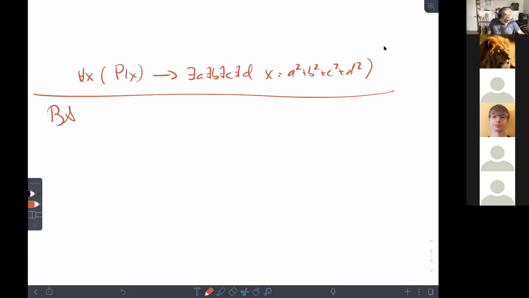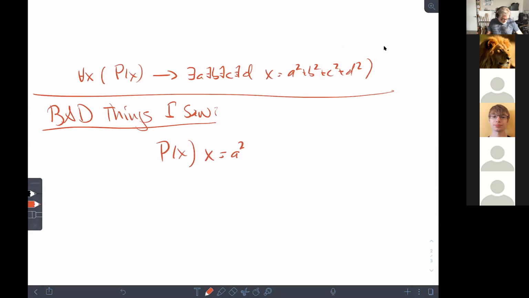Bad things I saw. I'm not naming names. The first bad thing is incorrect syntax. Something like p of x and right next to it, x equals a squared plus b squared plus c squared. From a syntactical point of view, this makes no sense.